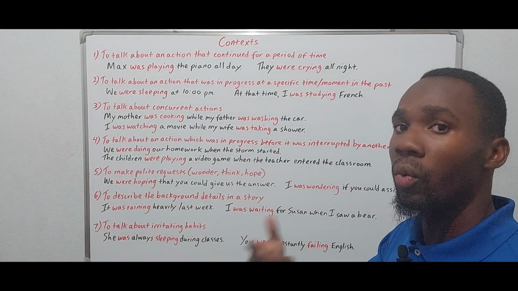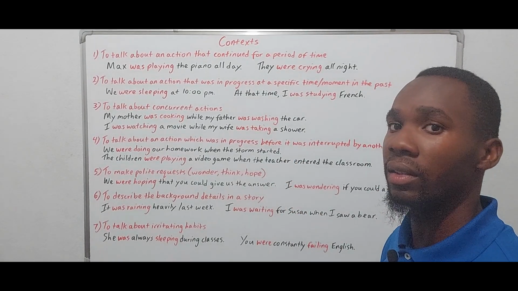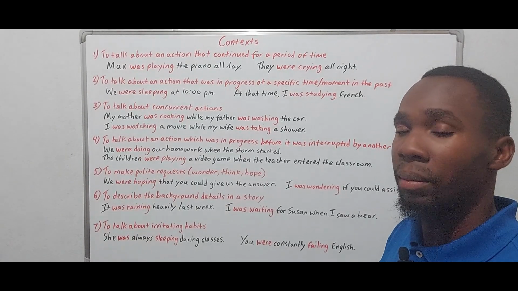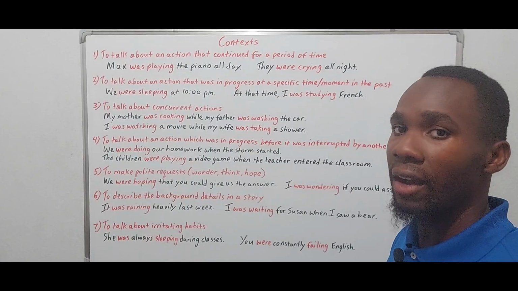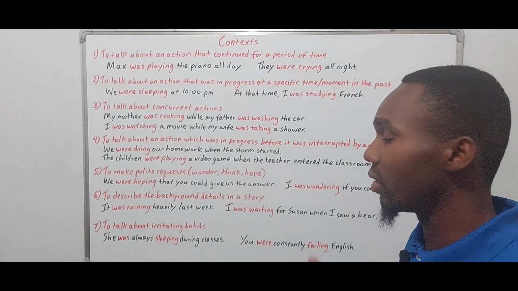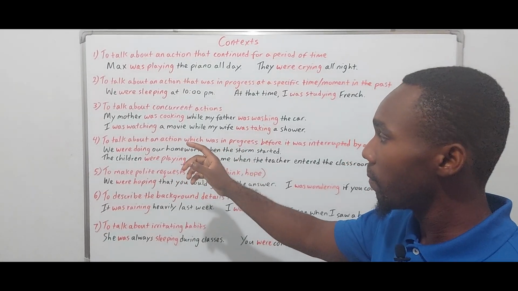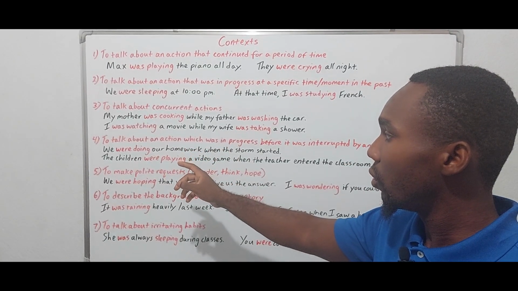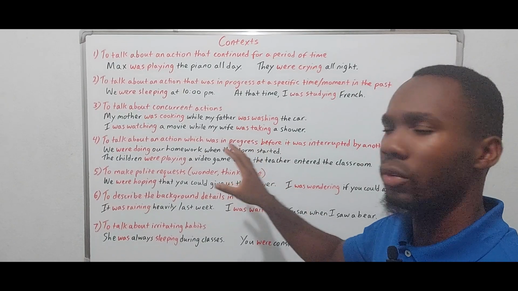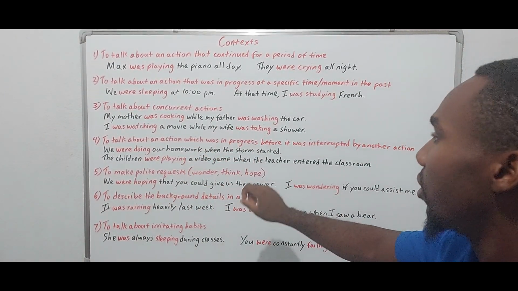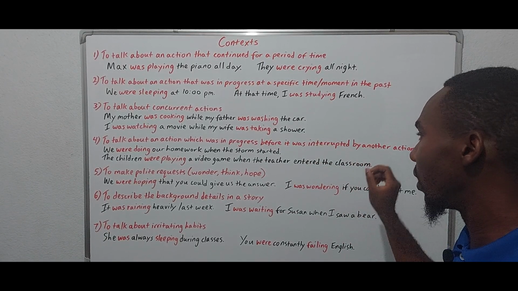But what was going on before that happened, right? So the action that was taking place before that, we have to utilize the past continuous because that was an action that was in progress. Let's use a second example. The children were playing a video game when the teacher entered the classroom.